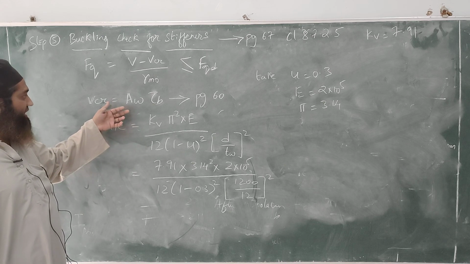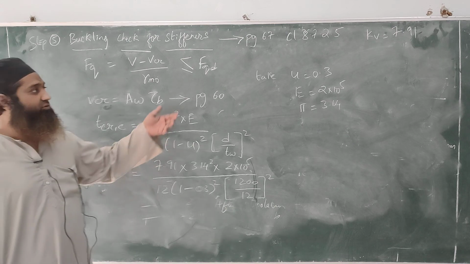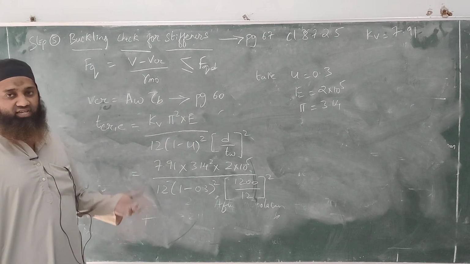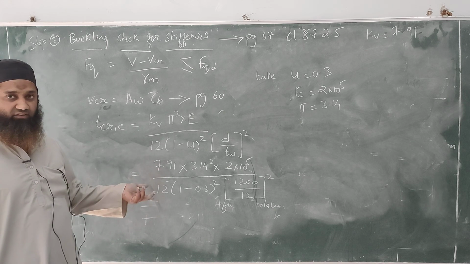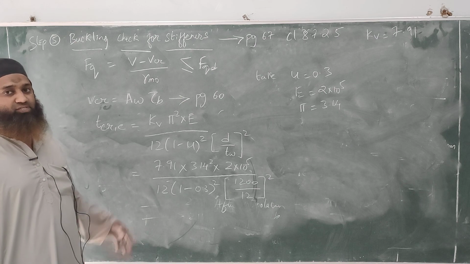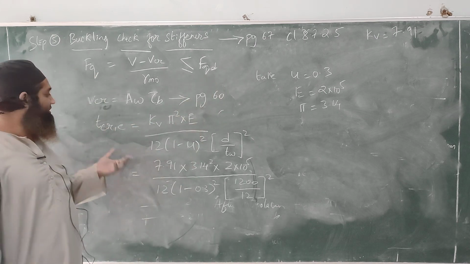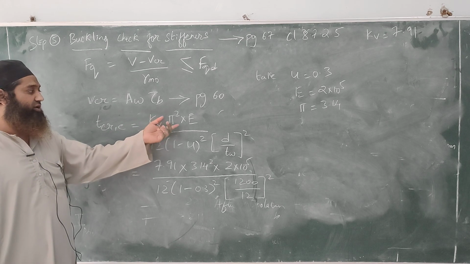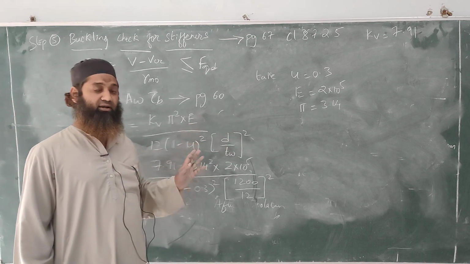Now to come up to tau CRE, I have a sequence to be followed. First, I had to calculate kV. For that, I needed the C by D value. If C by D is greater than 1, one formula has been given. If it is less than 1, another formula has been given. I got it as 1.25. I substituted those values and got the kV value of 7.91. After this, I had to find out tau CRE, that is kV into pi square into E by 12 into (1 minus mu square) into (d by tw) whole square.